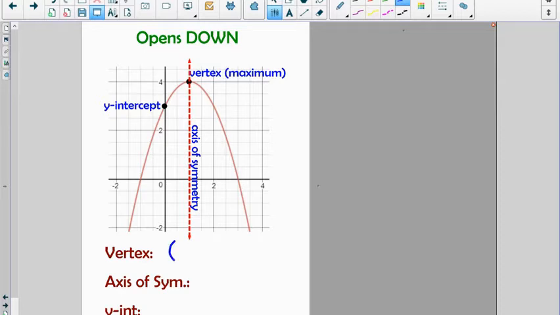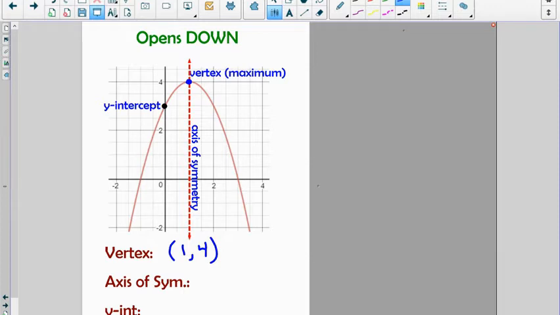So as we look at our vertex, which is right here, I just put a blue dot on it. If you follow that down to the x-axis, we see that it crosses the x-axis at 1. So it has an x coordinate of 1. If we follow it over to the y-axis, we can see it has a y coordinate of 4. So the coordinates of the vertex are 1, 4.